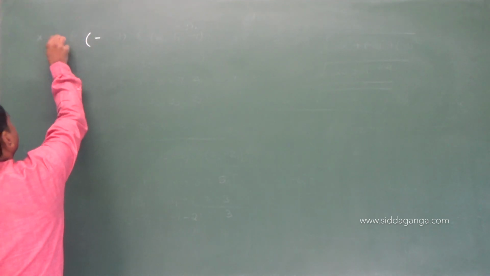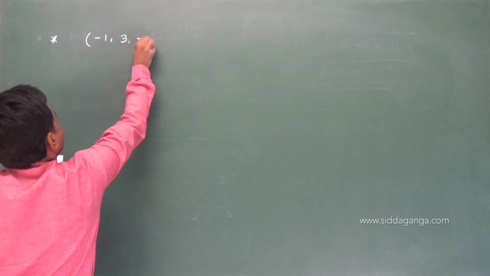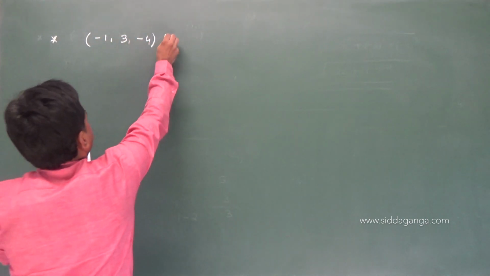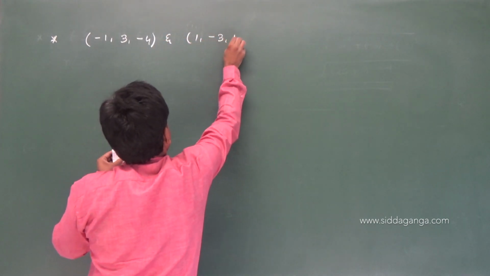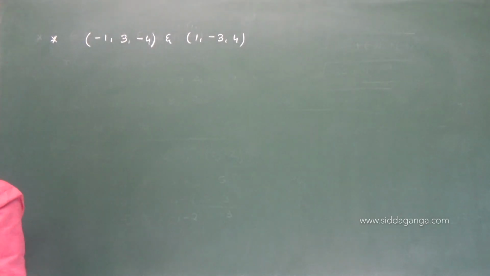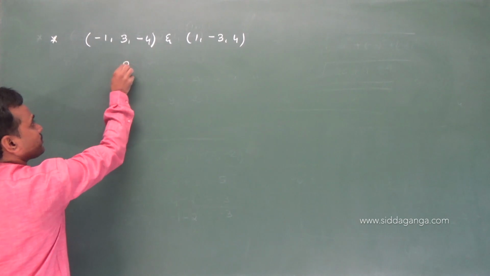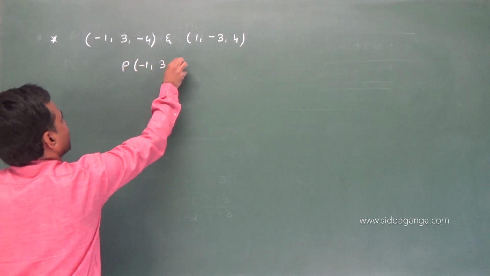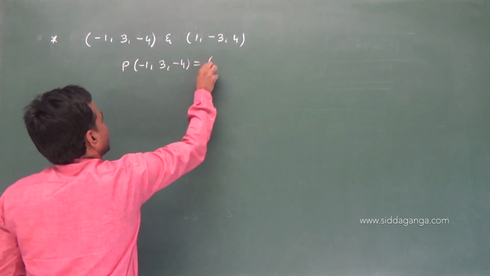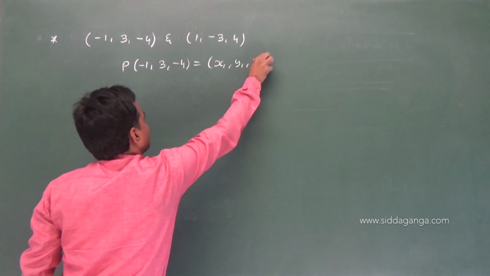Next problem: minus 1, 3, minus 4 and 1, minus 3, 4. Same method. The first point I treat as P, minus 1, 3, minus 4, that I call x1, y1, z1.